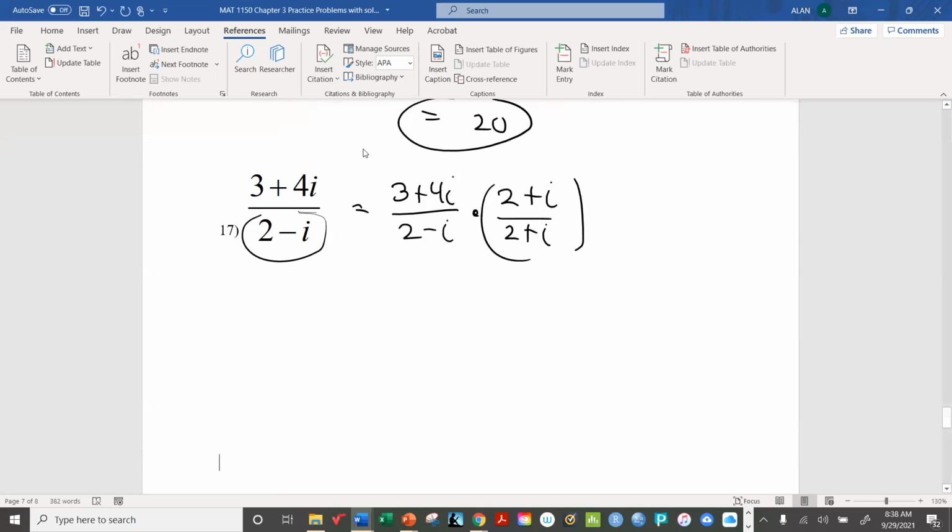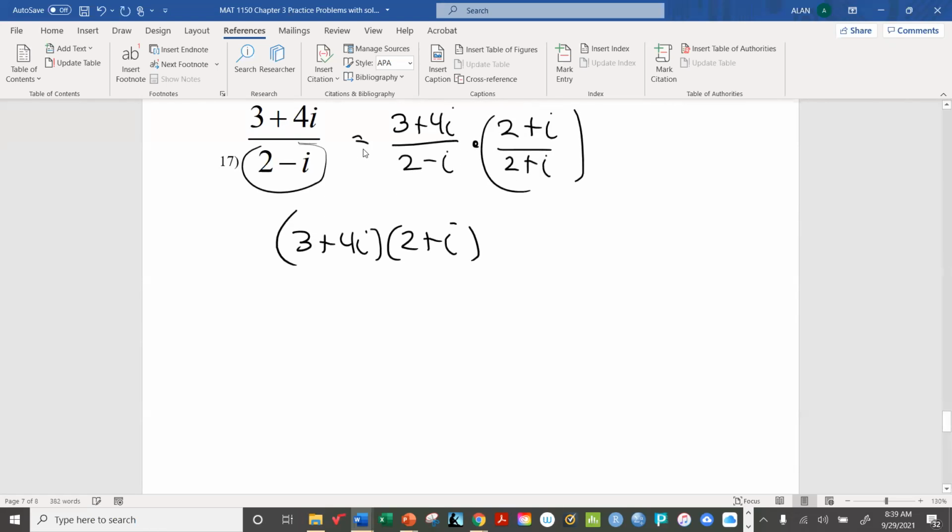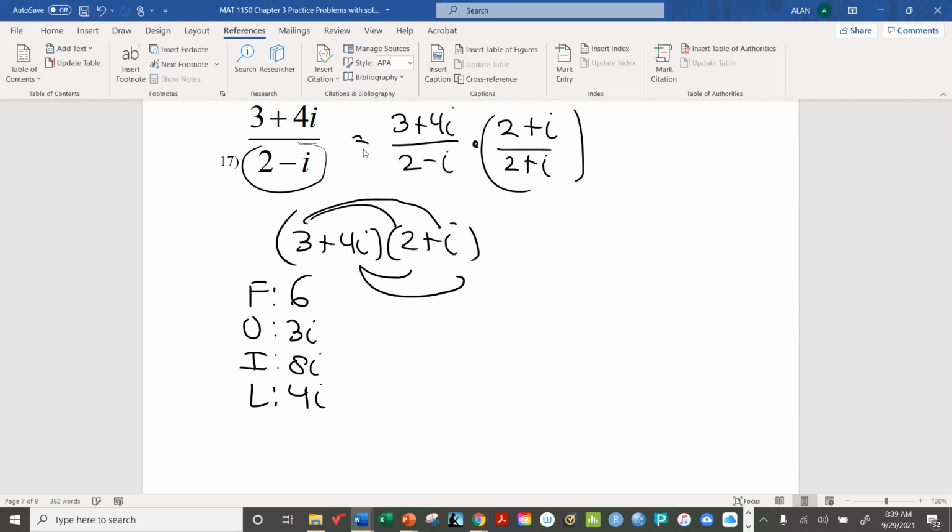All right, so let's start with the numerator. So as usual, we'll apply FOIL to it. Six, 3i, 8i, 4i squared.